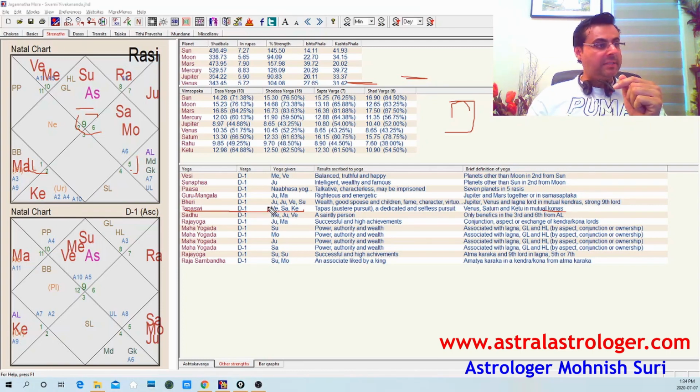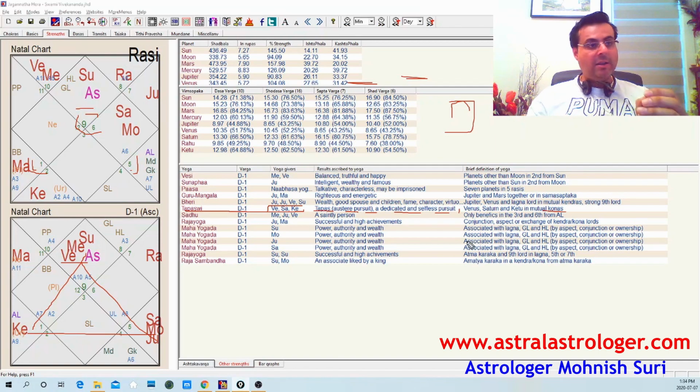So basically don't look at the yogas in the Lagna chart. It doesn't mean anything. Okay, so yogas have to happen in the Bhava Chalit chart. So if you see Venus, first house, Saturn, ninth house, and Ketu, fifth house, they make the triangle. And this makes the tapas, austere pursuits, a dedicated, selfless pursuit, makes him a guru, a yogi, a person who is a tapasvi.